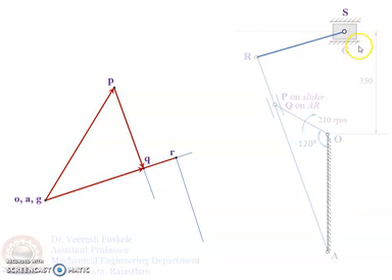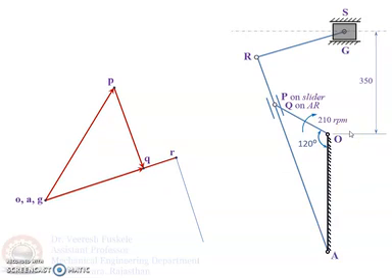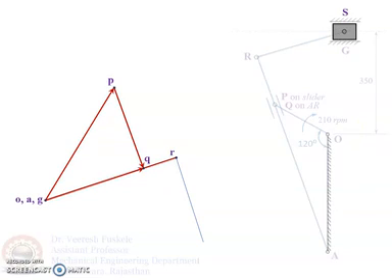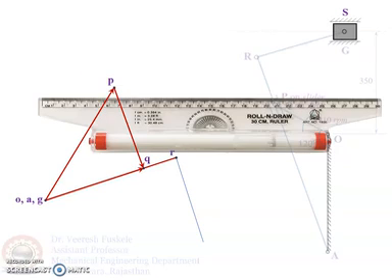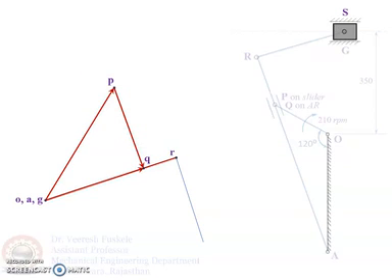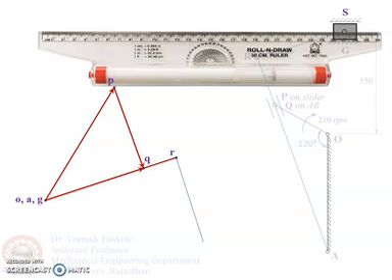Next, we have to draw the velocity of the slider. As the slider will be reciprocating on the horizontal line, the velocity vector of the slider will be in the horizontal direction.